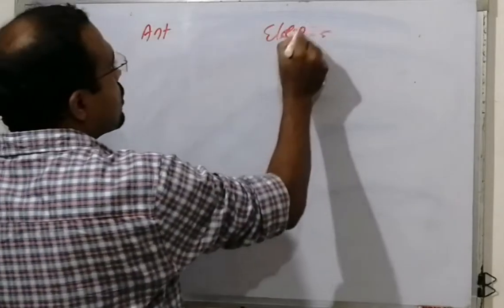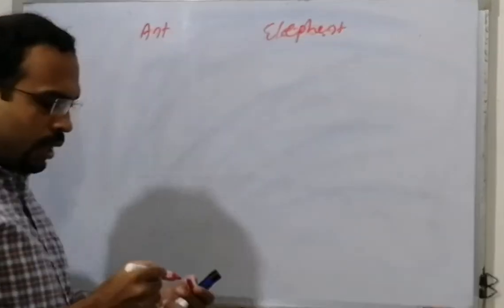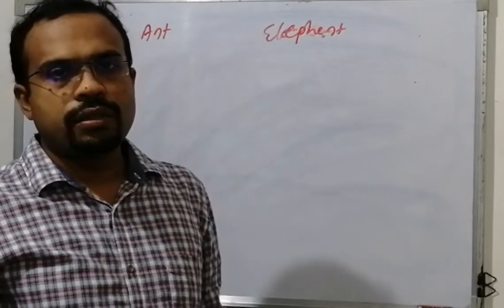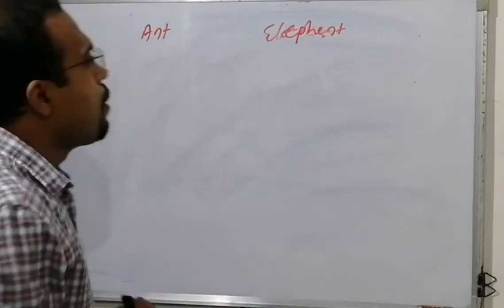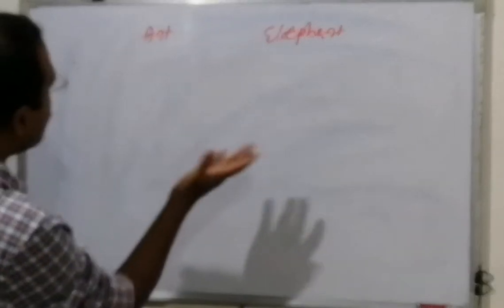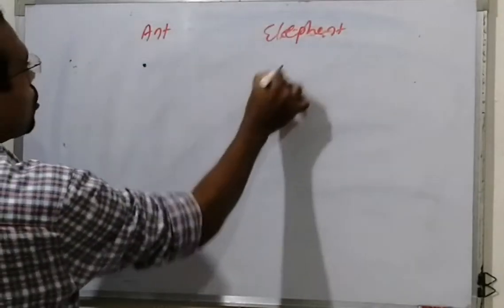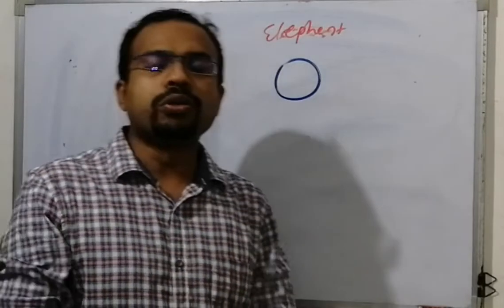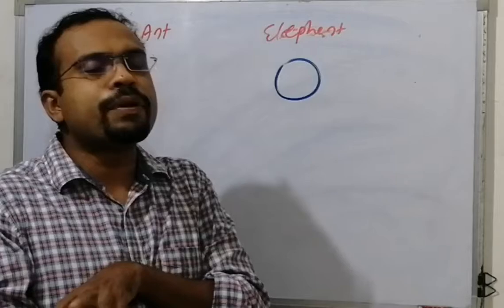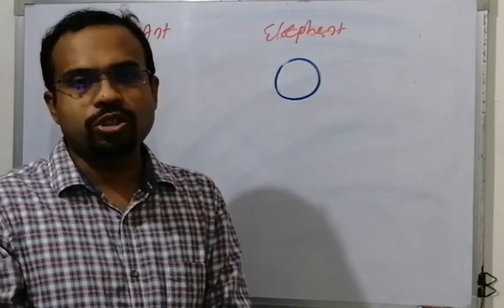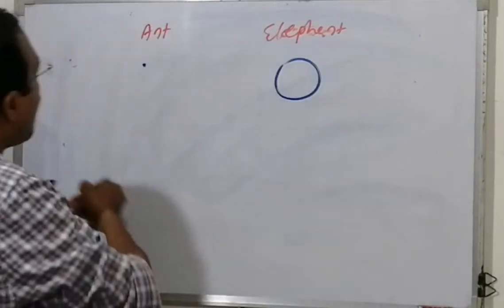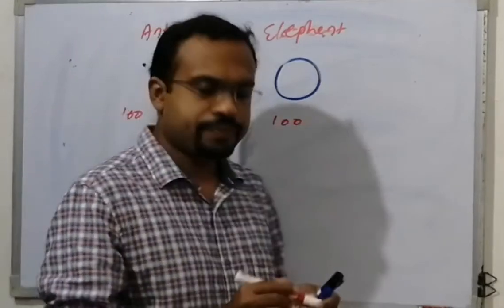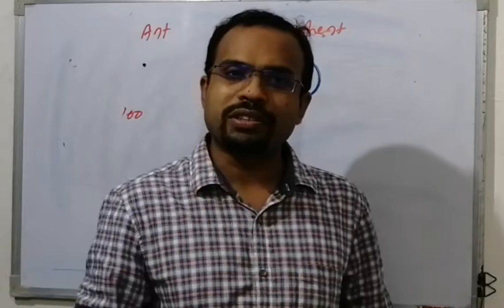Suppose ant and elephant are both different in size, a large difference in size. But if they are solute of an ideal solution, colligative property depends upon their number, not the nature. Therefore, 100 ants and 100 elephants in an ideal solution give the same colligative properties.